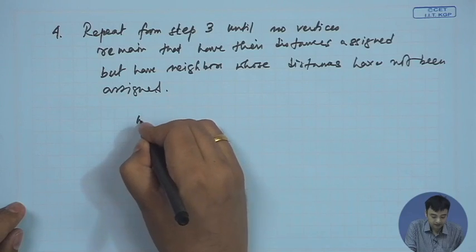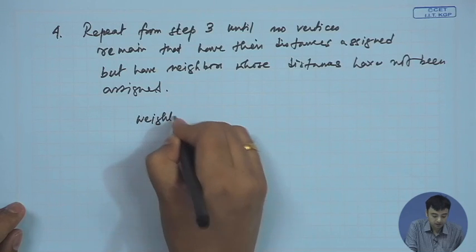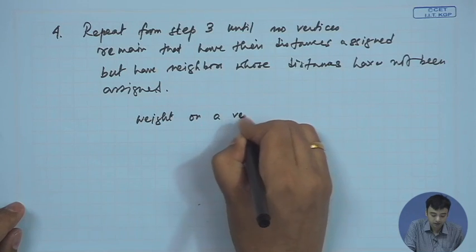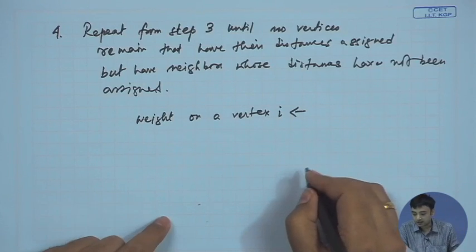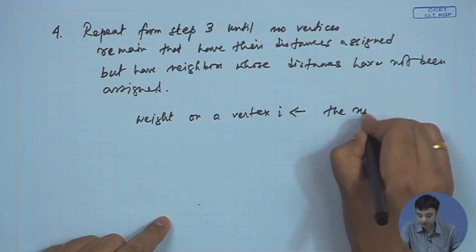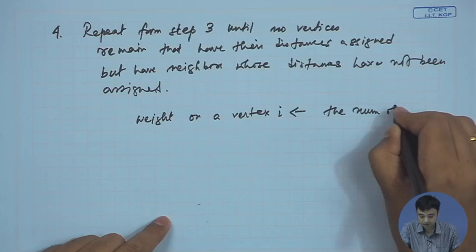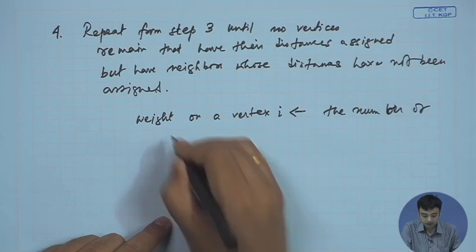Now, how do you interpret the weight? What does the weight on a vertex i indicate?